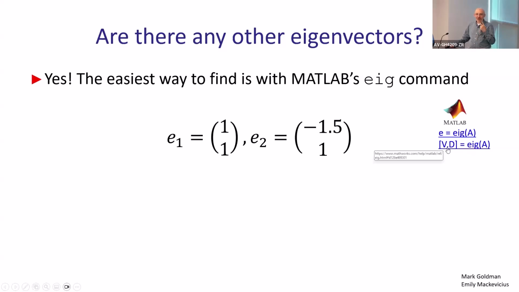The second command will give you 2 matrices. The first matrix will have columns, and each column will be an eigenvector. In the second one, the D matrix, the diagonal values will be eigenvalues. The first is the eigenvector matrix with columns of eigenvectors.